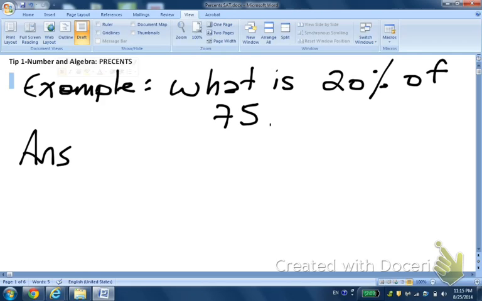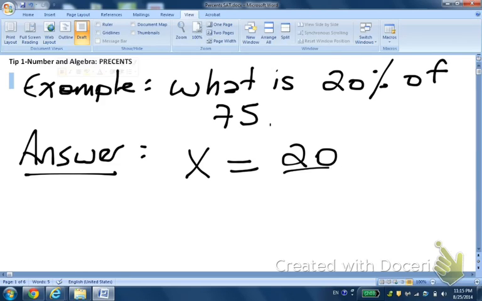Let's write this as an expression, as an equation. If we translate this, what again means equals. What is 20%? So it's 20 over 100 of, which means times 75. So we just wrote the sentence above as an expression.